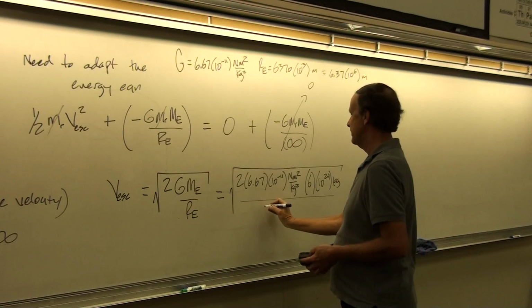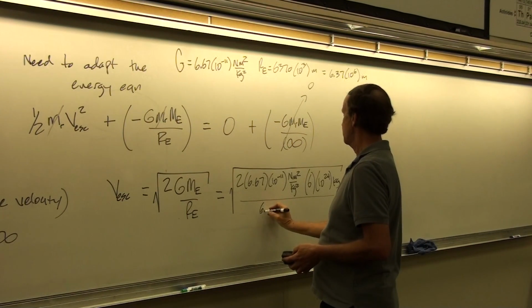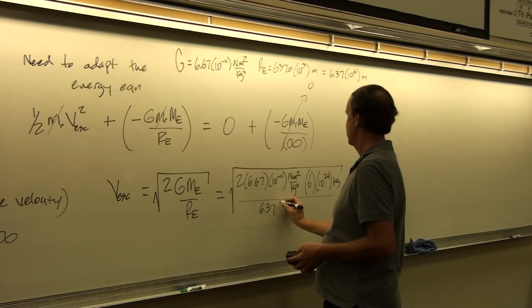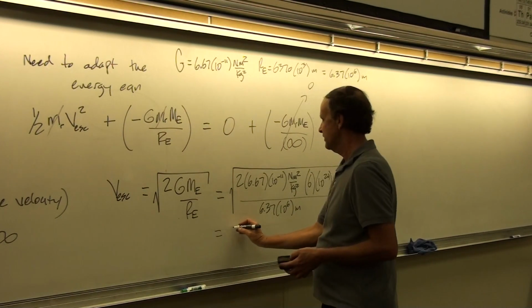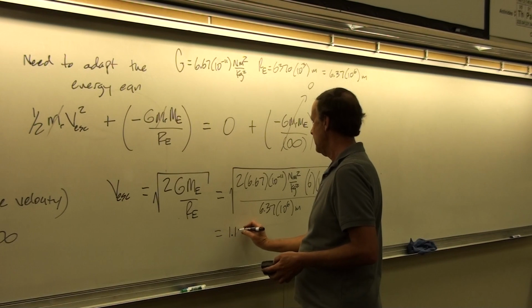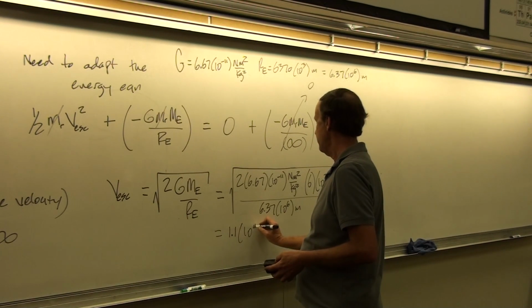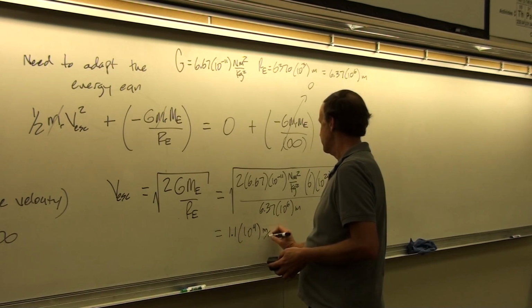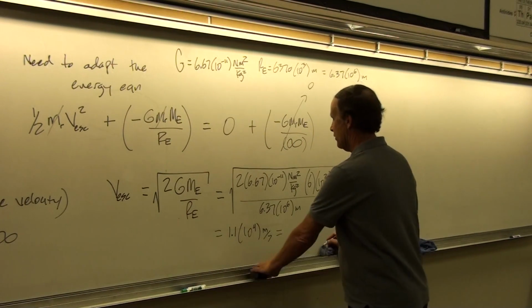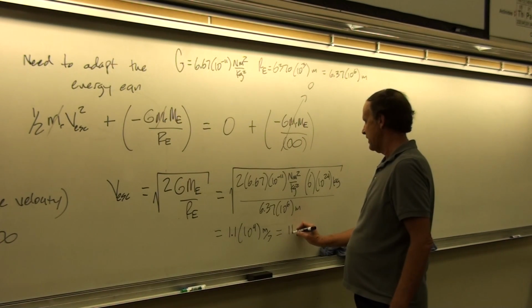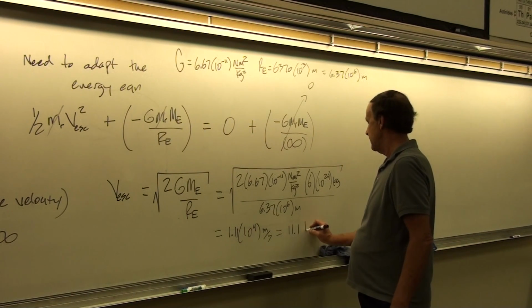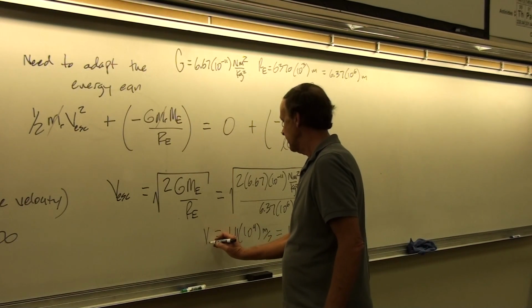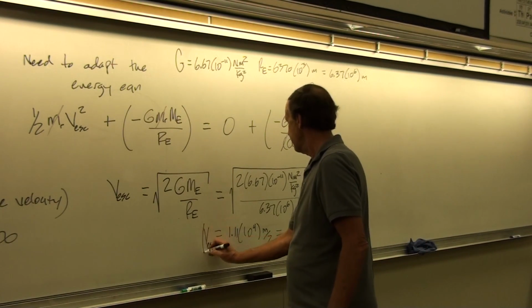Okay, so that'll go in down below, 6.37 times 10 to the 6 meters. That gives us 1.11 times 10 to the 4 meters per second, or that's equal to 11.1 kilometers per second. So that's our escape velocity.